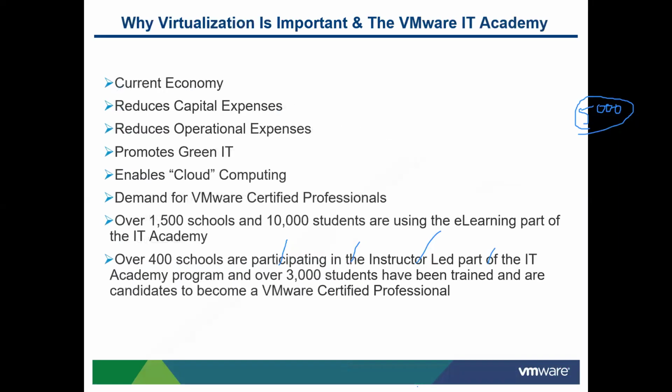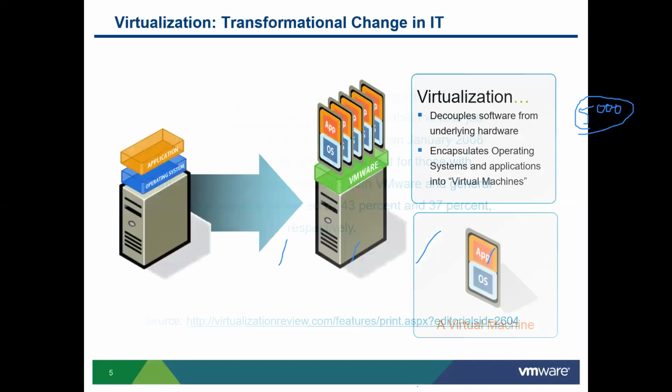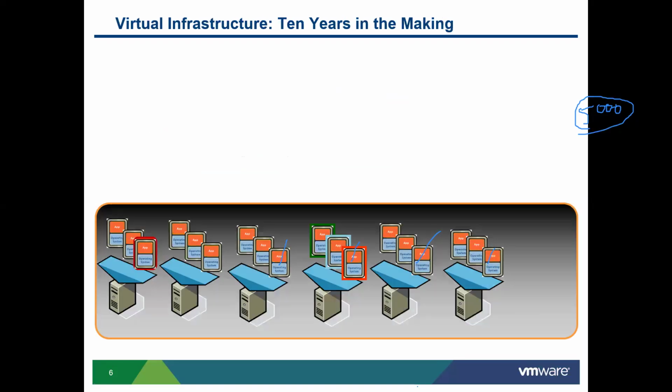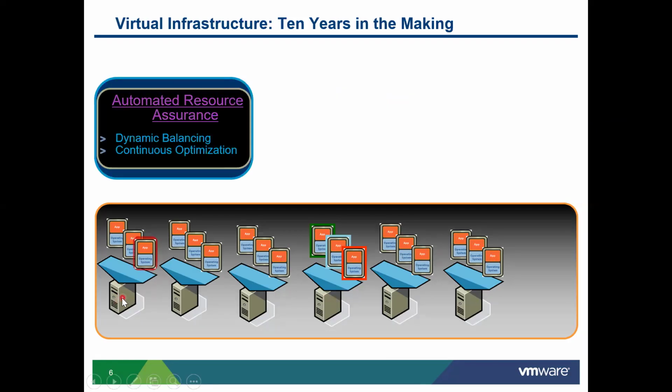So here we need to discuss. Here you are seeing, right? This one is called a physical server. Down layer, this one: 1, 2, 3, 4, 5, 6. These are all physical servers.